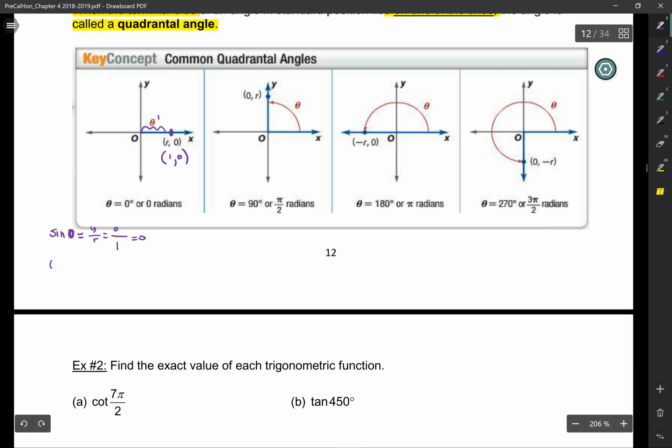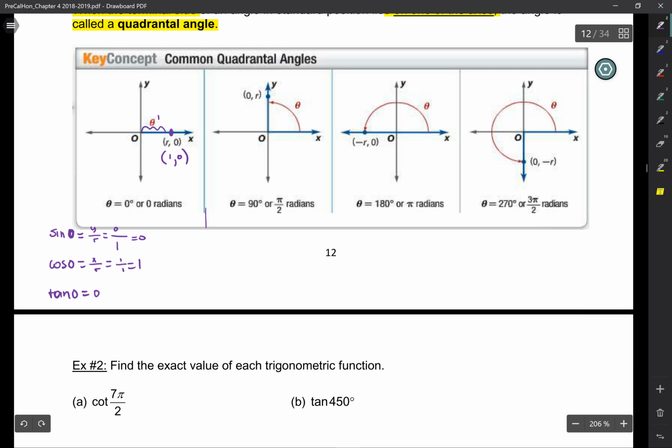What about the cosine of 0? Cosine of 0, we said that was x over r. What was the x coordinate here? 1 over 1. Cosine of 0 is 1. Are you guys with me? What's the tangent of 0 then? It's y over x. It would be 0 over 1, 0.